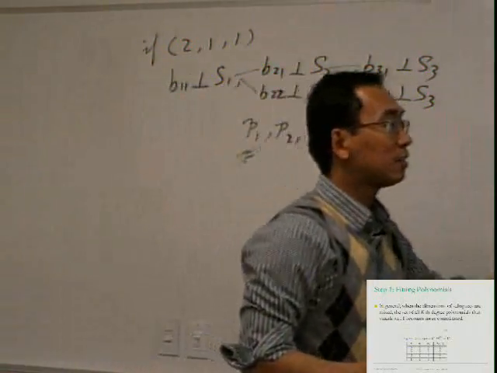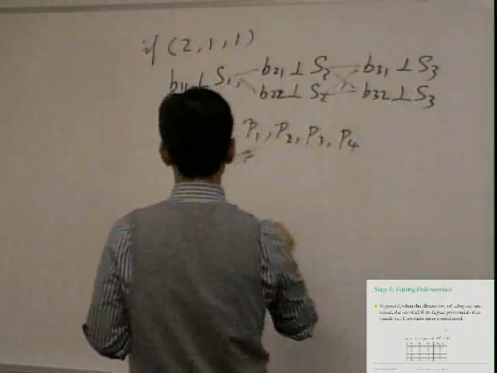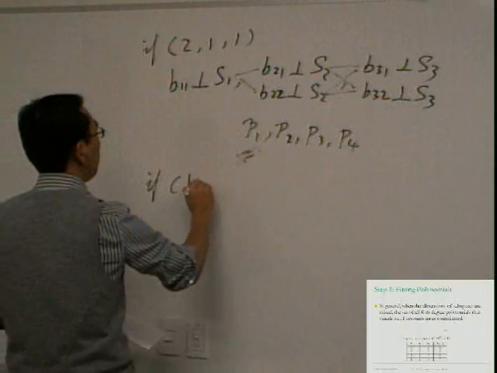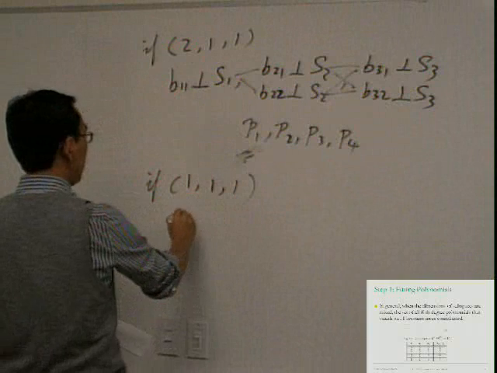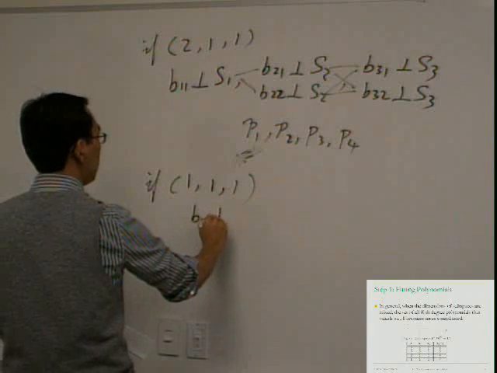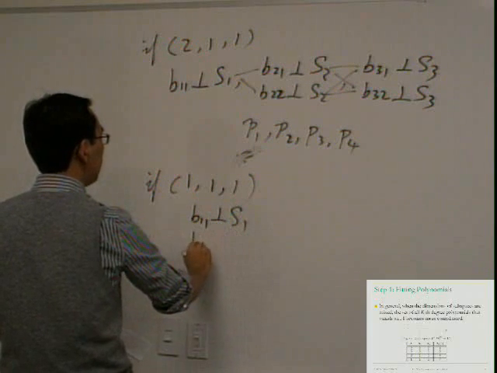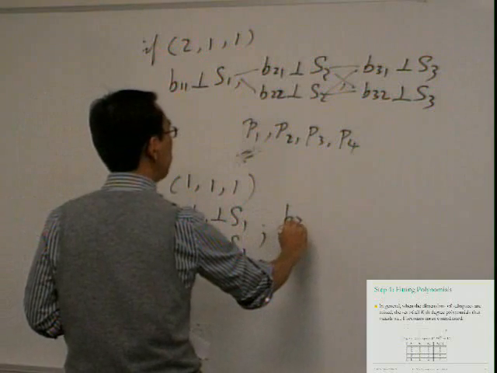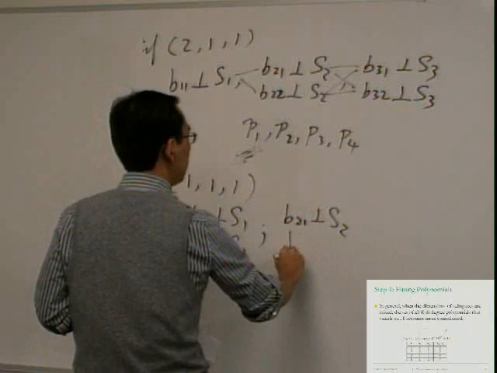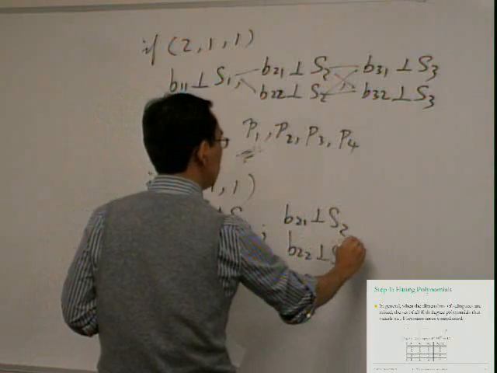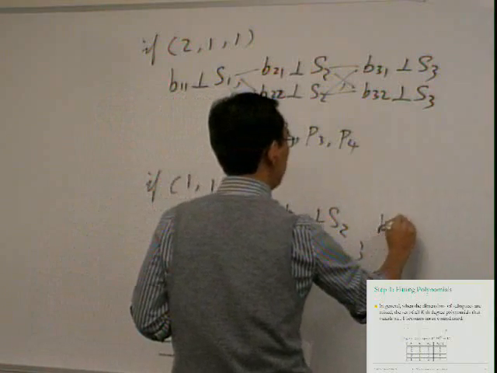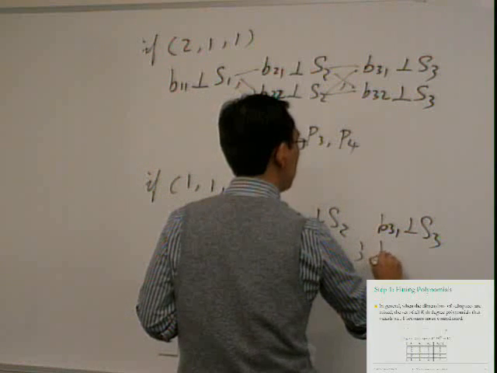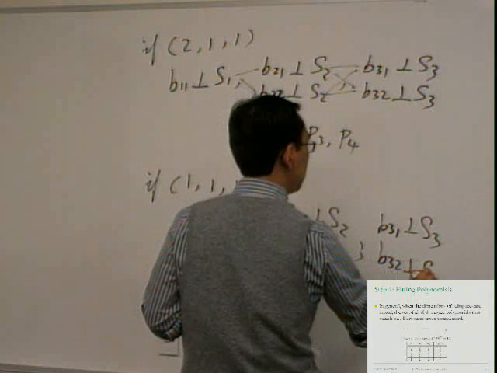Now, how about the last situation? If the combination is 1, 1, 1, then we have B11 and B12 perpendicular to S1, B21 and B22 perpendicular to S2, and B31 and B32 perpendicular to S3.